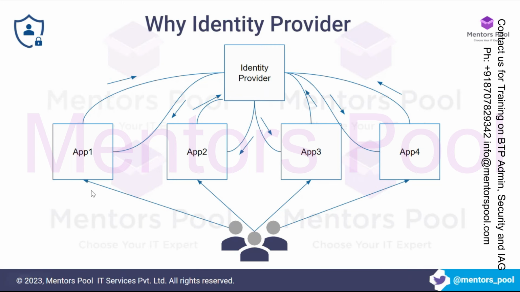Whenever a person tries to log in to app 1, it will redirect the request to the identity provider and ask, hey, identity provider, could you please check this user ID, do you have an entry for it? The identity provider, as it stores all identity data, will check and give a success response to app 1 and say yes, this is a valid user and can log in to your system.